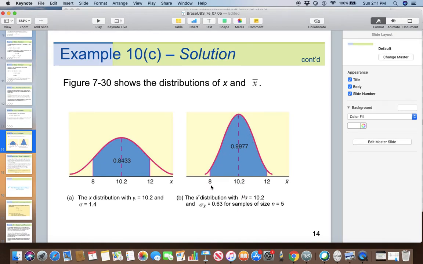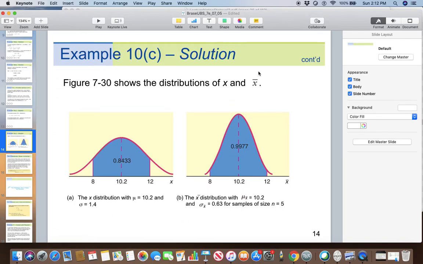And therefore between 8 and 12 you have a lot more data here than in the previous case. The data being spread out means between 8 and 12 you have much less data. Only 84% of the data lives here, whereas 99% of the data lives here. Okay, so a change in standard deviation does this.